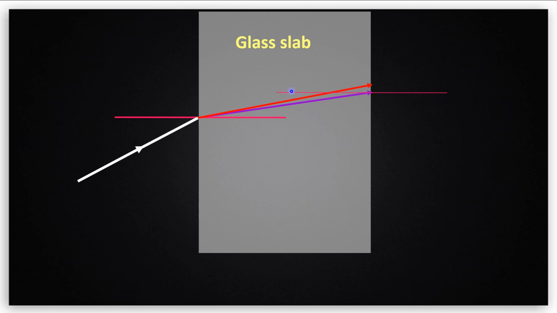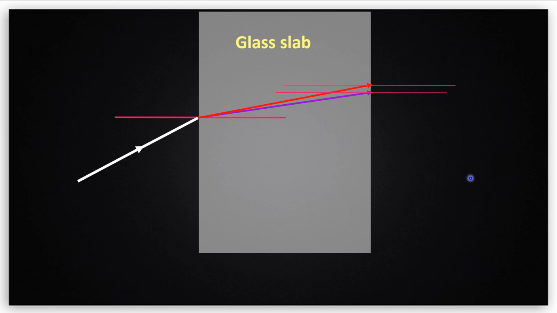This is the normal I have drawn here, and this is the another normal I have drawn here. In this case, light travels from denser medium into rarer medium. When a ray of light travels from denser medium into rarer medium, it bends away from the normal.